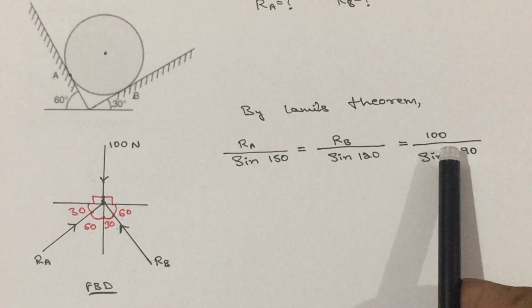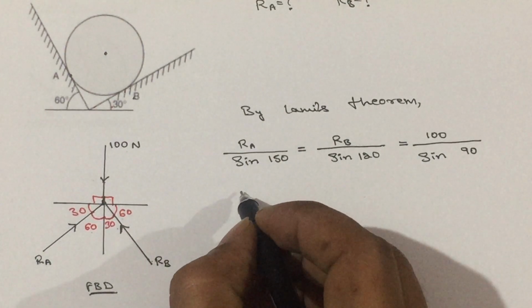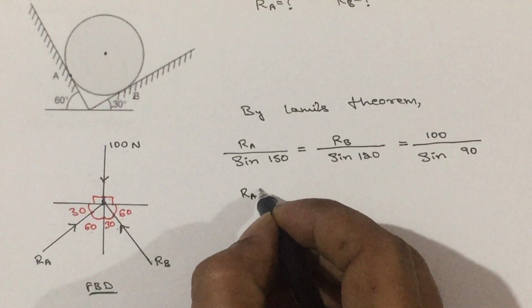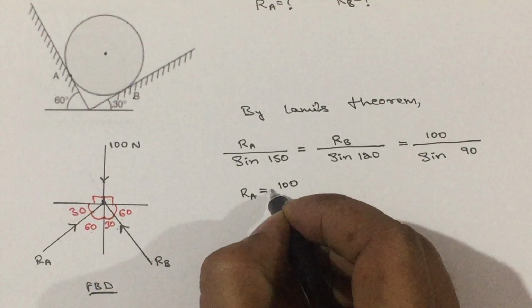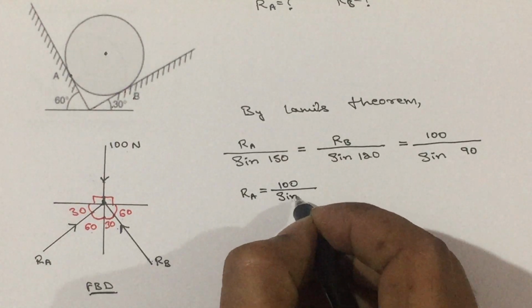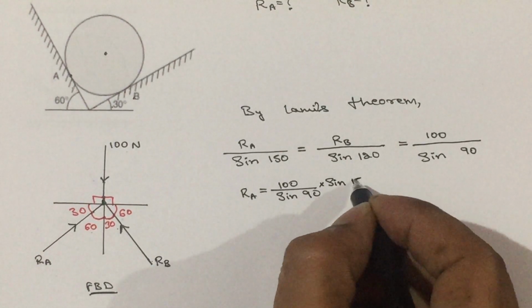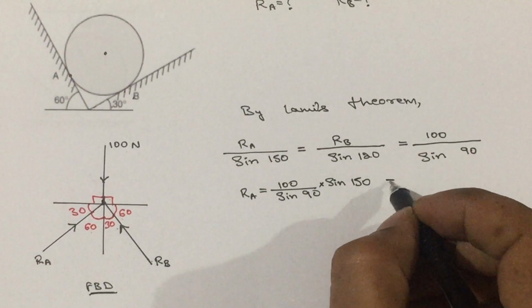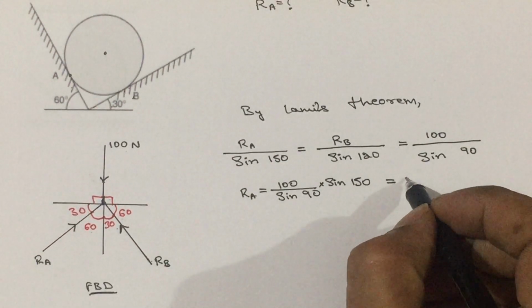So, cross multiply: 100 divided by sine of 90 multiplied by sine of 150. So, you are going to get RA as 50 Newton.